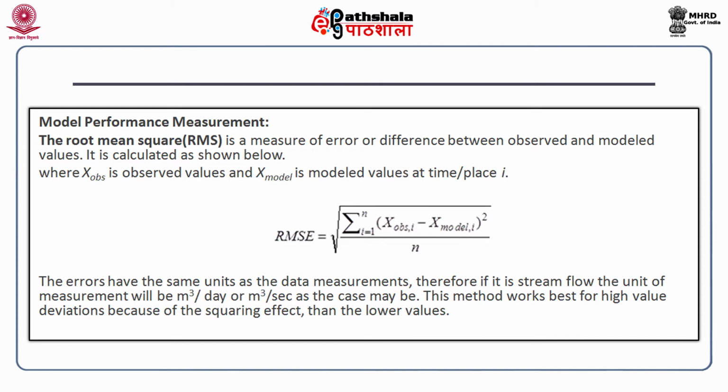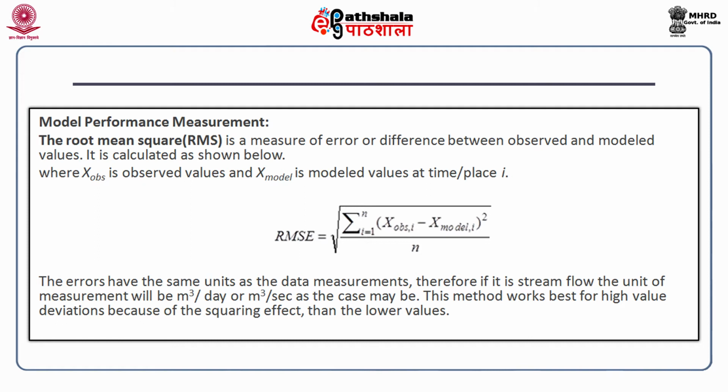And in this case, as you can see from this RMSE equation, the model performance characteristic is dependent on the observations that we have and the values that are generated by the model.